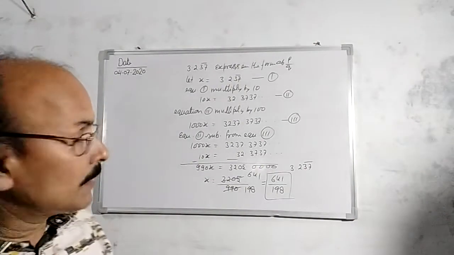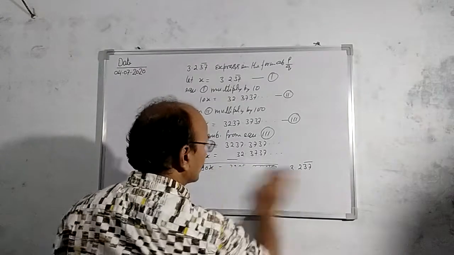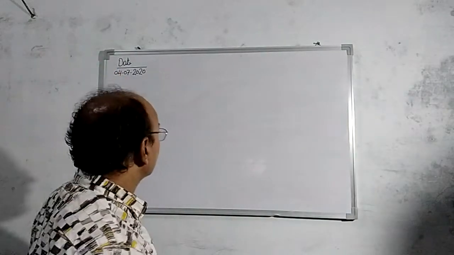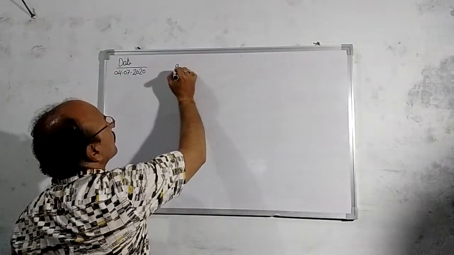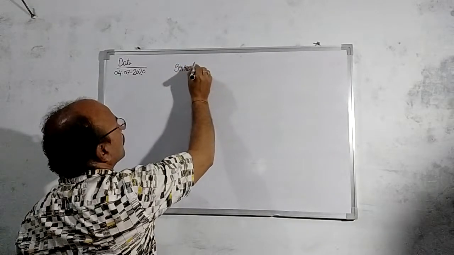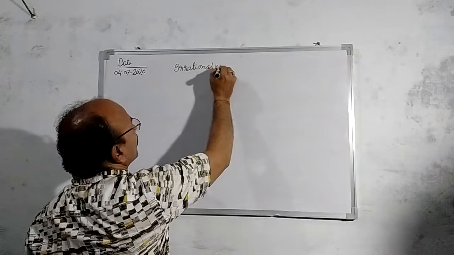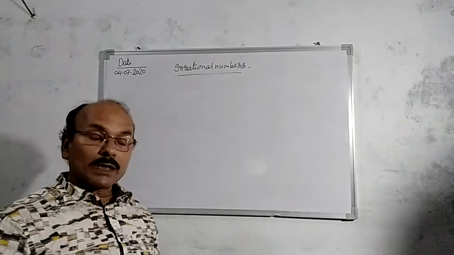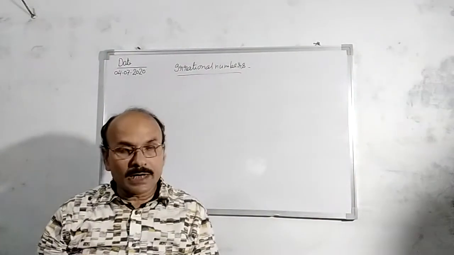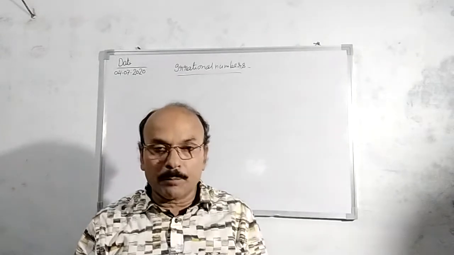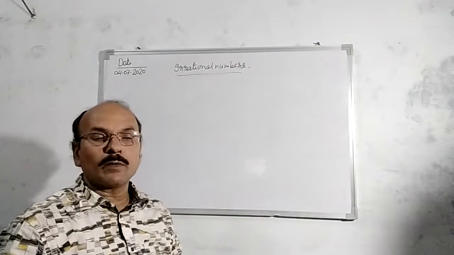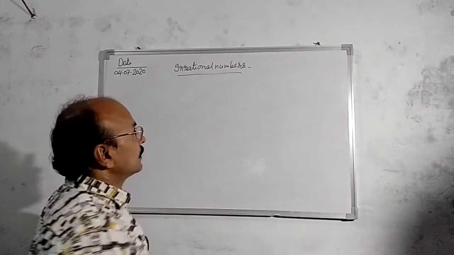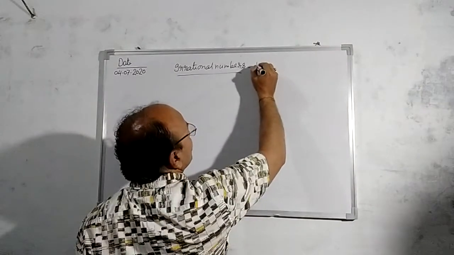So what is the definition of irrational numbers? Those numbers which cannot be expressed in the form of P upon Q are known as non-terminating, non-recurring or non-terminating, non-repeating numbers.